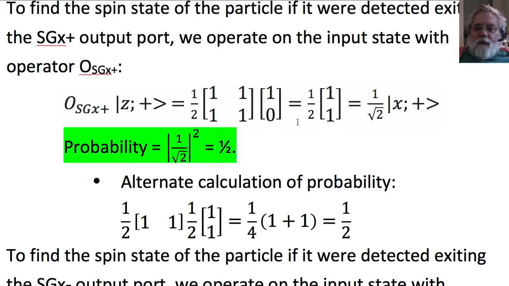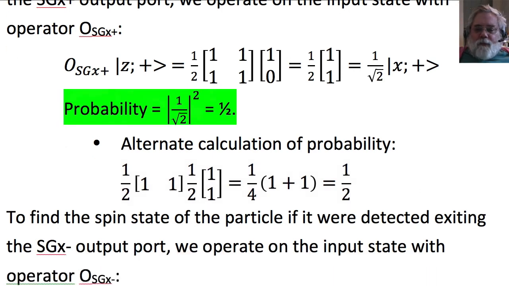Here we have the column vector form, and we could turn it into the row vector form. So 1/2 row vector 1, 1 times 1/2 column vector 1, 1. You can multiply this out, and you'll get 1/4 times 1 plus 1, or 1/2.